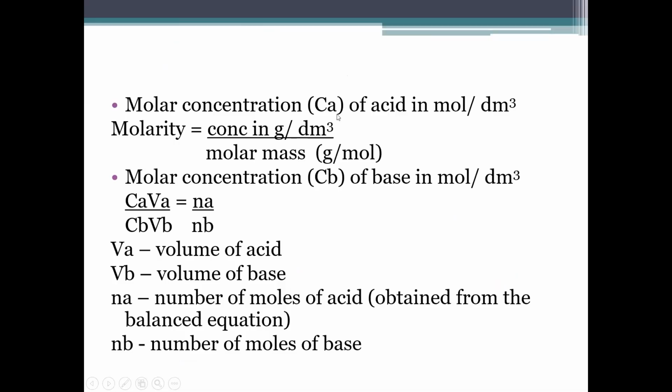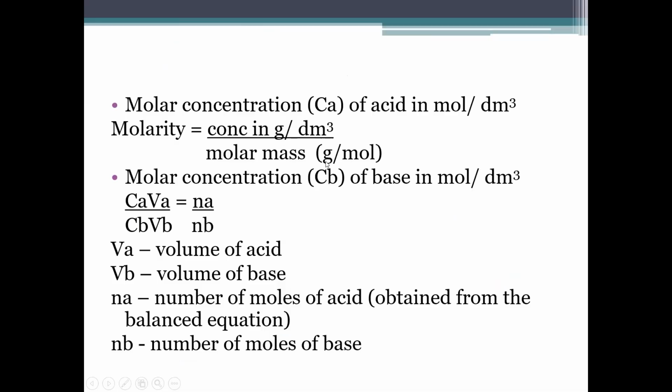You have been given the mass concentration of your acid in grams per dm cubed. So you want to calculate the concentration in moles per dm cubed. And you know from stoichiometry, your mole concept, molarity, that is your concentration in moles per dm cubed, is equal to concentration in grams per dm cubed divided by your molar mass, which is grams per mole.